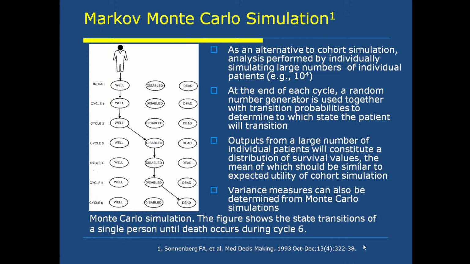At the end of each cycle, a random number generator is used together with transition probabilities to determine to which state the patient will transition. Outputs from a large number of individual patients constitute a distribution of survival values, the mean of which should be similar to the expected utility of cohort simulation. Variance measures can also be determined from Monte Carlo simulation.